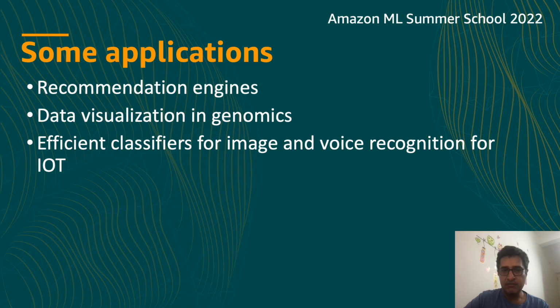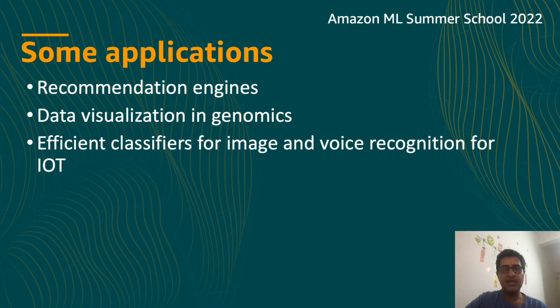Similarly, in genomics, if we were to try and read the whole gene data, it would probably get too much. But if you are able to organize that using dimensionality reduction techniques, it becomes a little bit easier to visualize what exactly is happening, right? And similarly, for image and voice recognition, large social networking companies have this problem of being able to recognize faces, and to disambiguate whether two faces are of the same person or not.